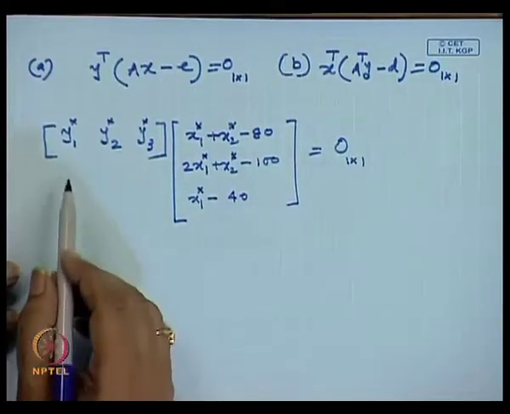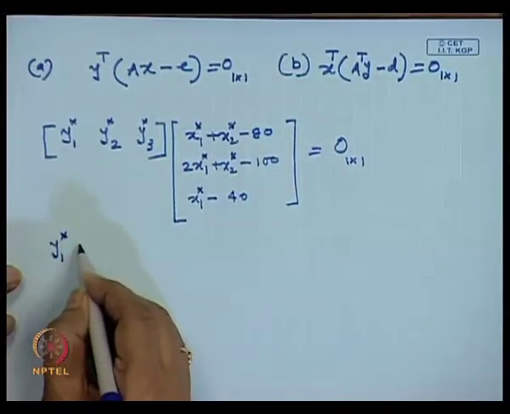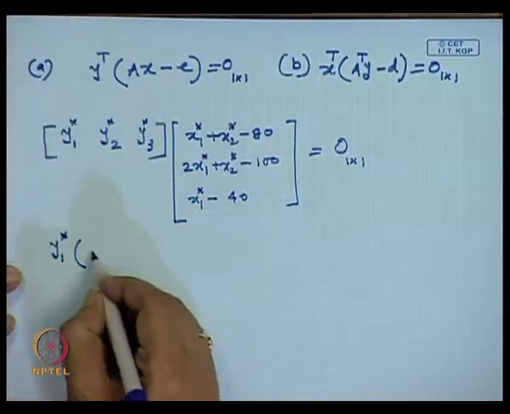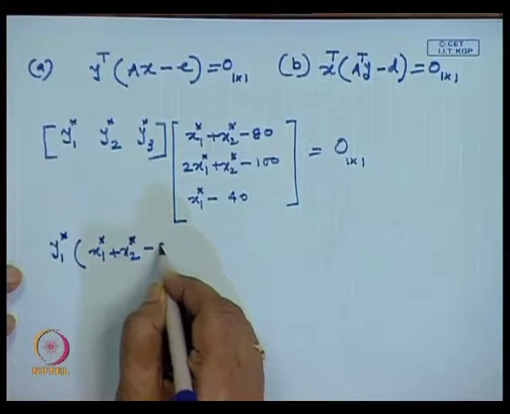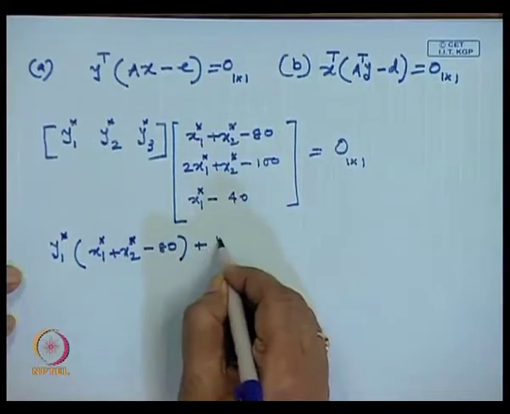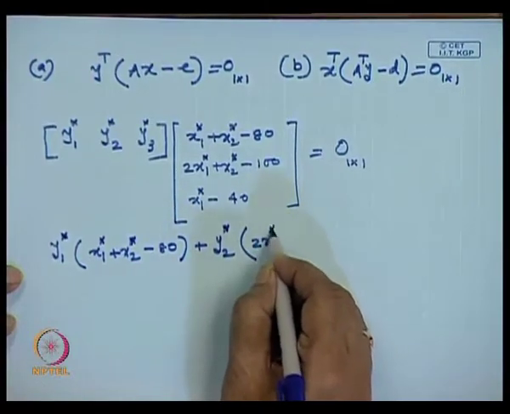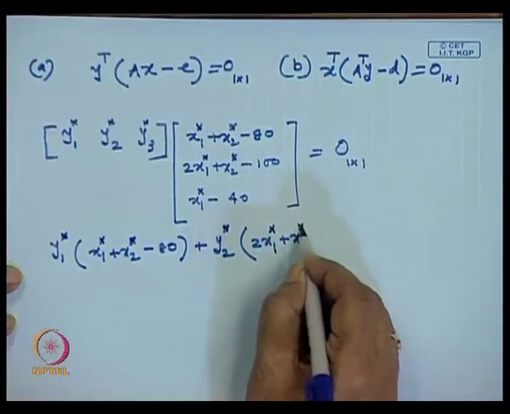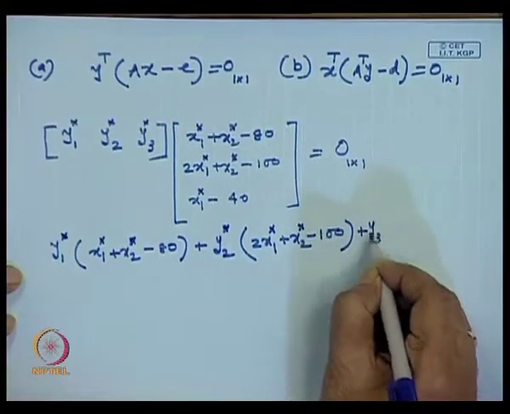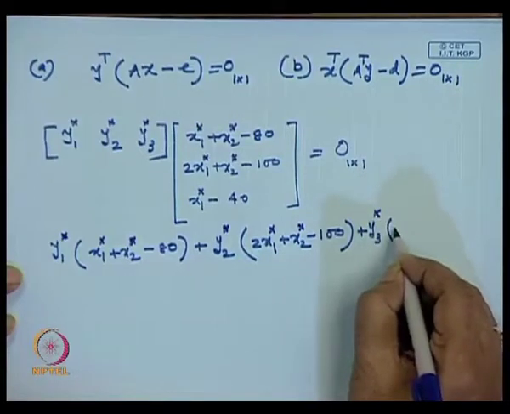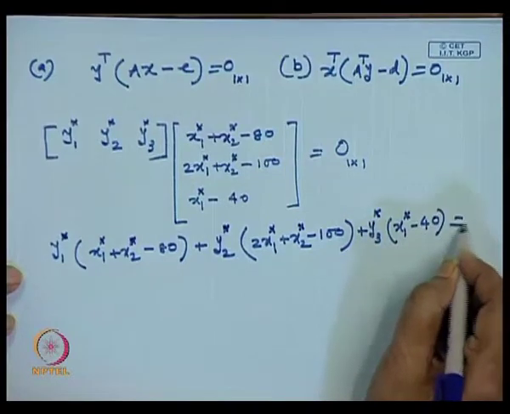Now, look at this one. If you expand that, y 1 star multiplied by x 1 star plus x 2 star minus 80, plus y 2 star into 2 x 1 star plus x 2 star minus 100, plus y 3 star into x 1 star minus 40, is equal to 0.